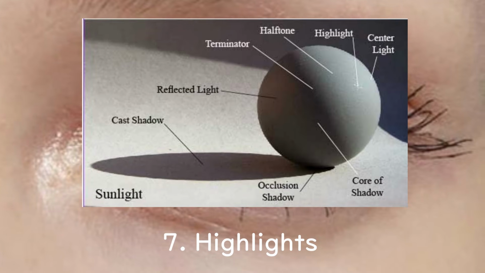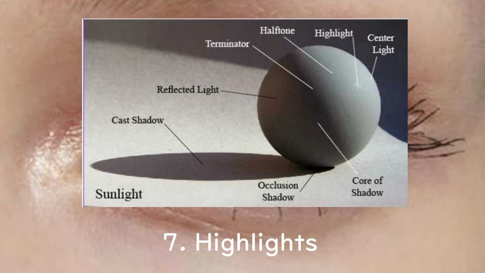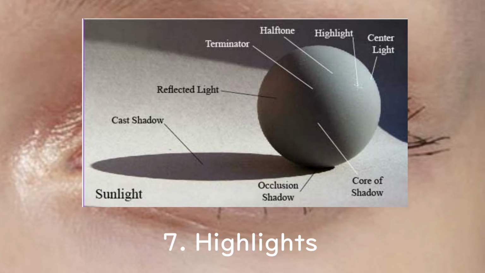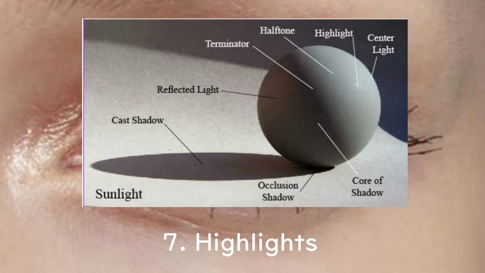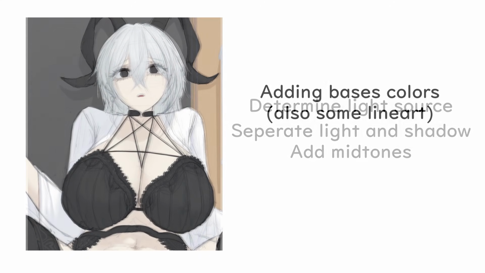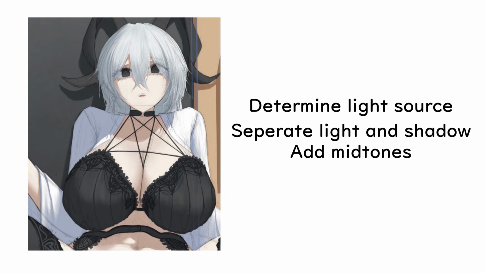The highlights are basically just the brightest area of the light family. I like to add the hard highlights at the end, like on the hair or the little one on the eye. And to summarize everything here, I start off with the base colors, and then I do the first layer of shadows, simply by marking out what's in light and what's not in light.